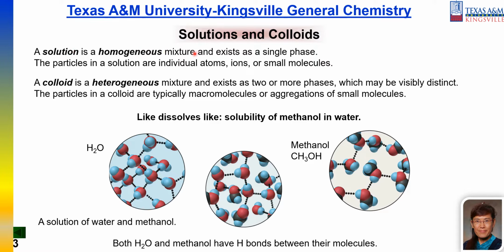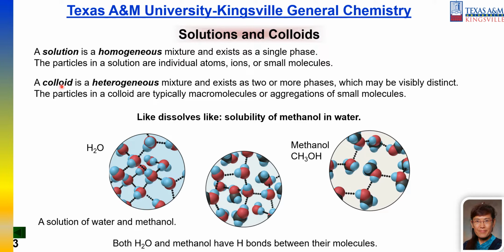The solution exists as a single phase, meaning the particles in your solution are individual atoms, ions, or very small molecules, such as oxygen, Na+, Cl-, or sugar molecules. So remember, there's only one phase. You are not going to see a boundary.